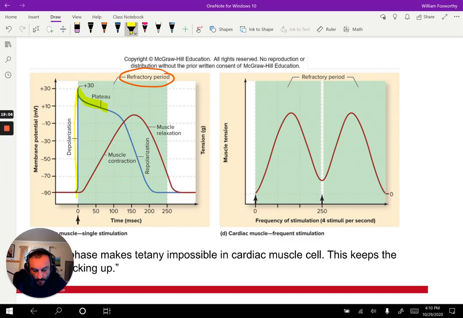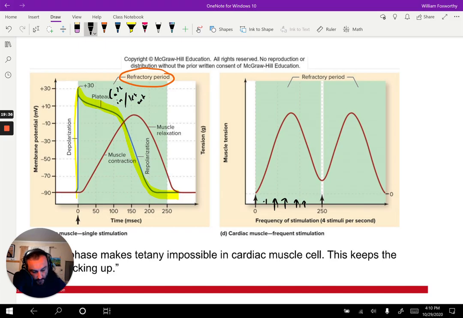And that's just a very, very long refractory period because of that plateau phase where you have calcium coming in at the same time that you have potassium going out. And so if you put more frequent stimuli, if you put like an electrode onto the cardiac muscle cells, you're not going to be able to drive them to fire more frequent action potentials.